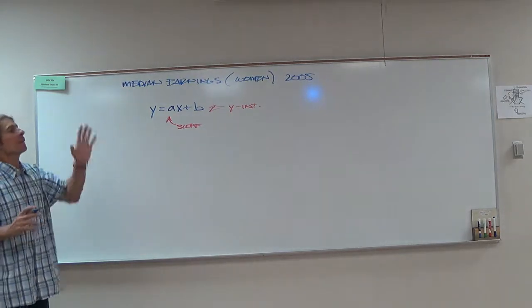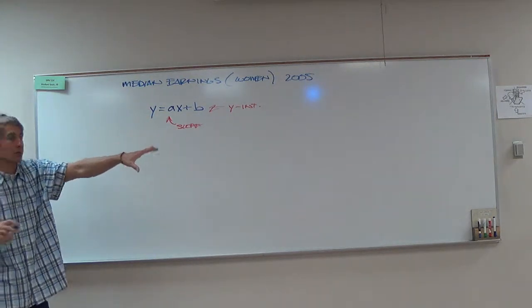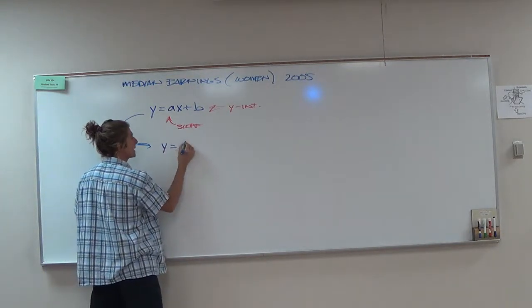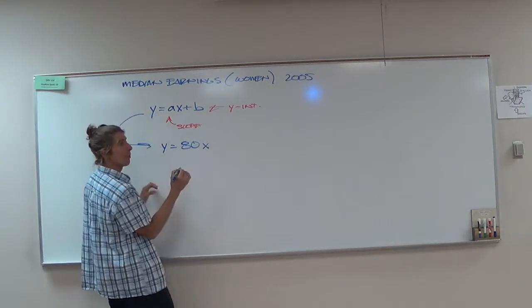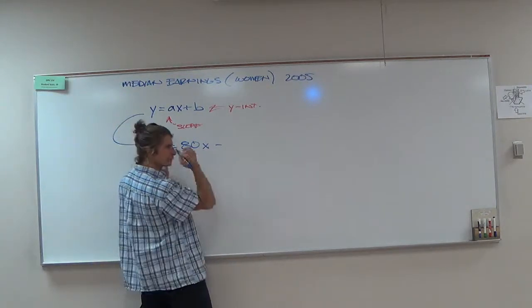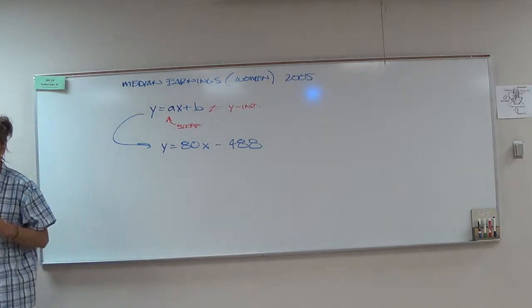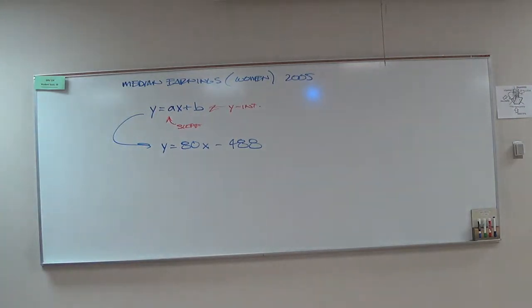So this is how the TI gives you the results. You have to take all of that and turn it into Y equals 80x minus, we'll call that 488. Let's just round it off to the nearest dollar and make life easy for us. Now, the model, in my opinion, is not complete yet.